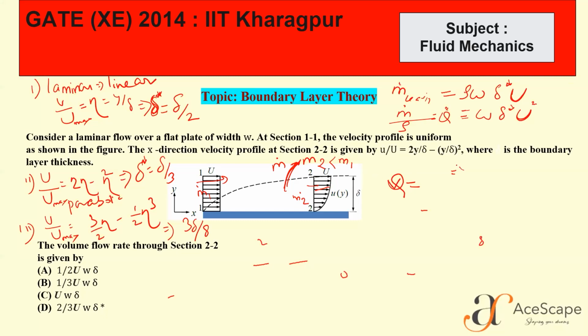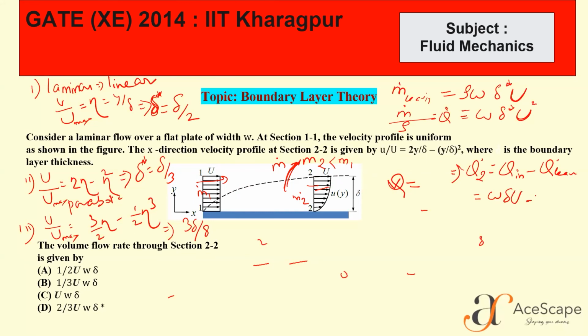It is given by Q2 dot, which is the initial Q dot minus what is leaving from this boundary layer. Earlier the value was W into del into U, because the whole length was del. Minus, in the case of the parabolic profile, the value of del star is del by 3.